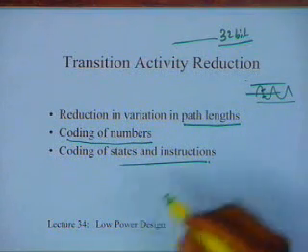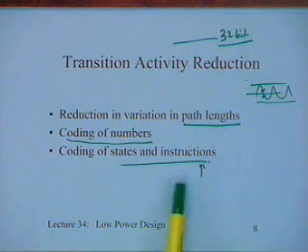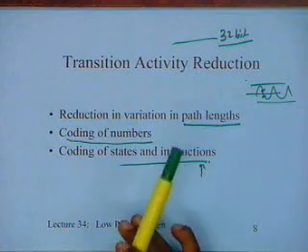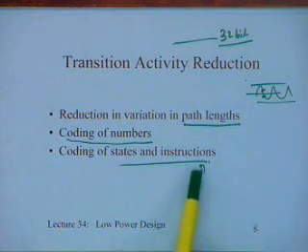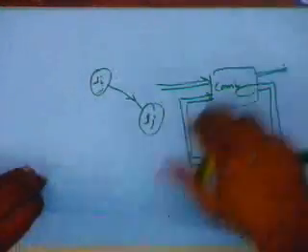A lot of these things one can do when one knows the application. We are talking of designs which are more dedicated to one application or set of applications. Many of these things cannot be done in a very general design scenario because you don't know what is going to happen. But when you are taking a particular application and doing a design, you can do things like this. Coding of states and instructions could also play a role in it.